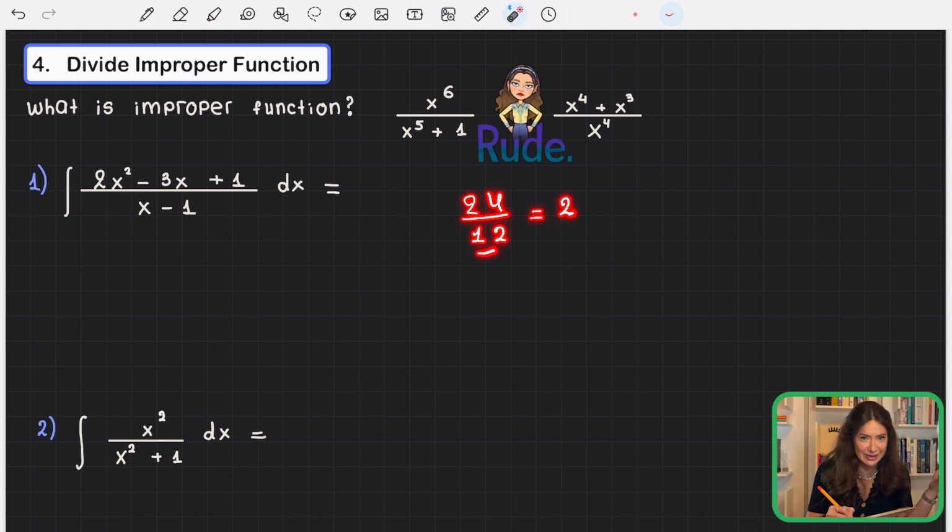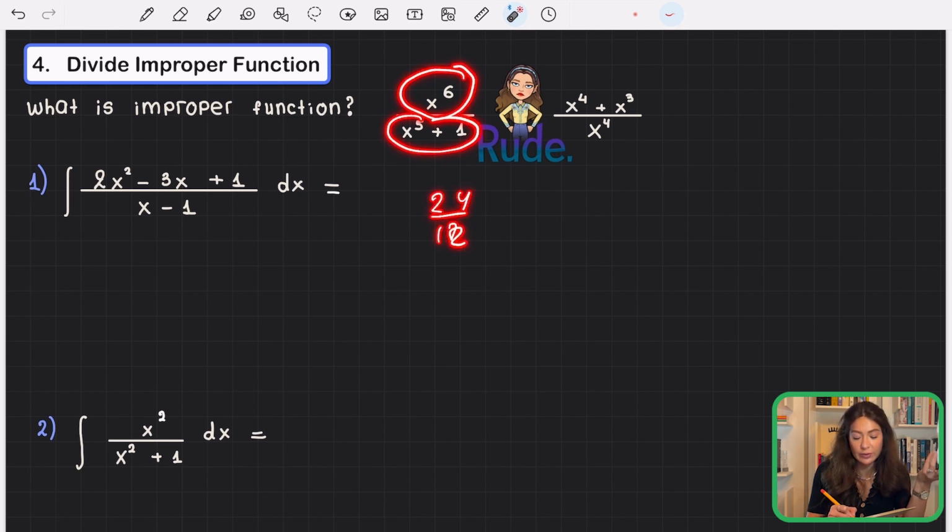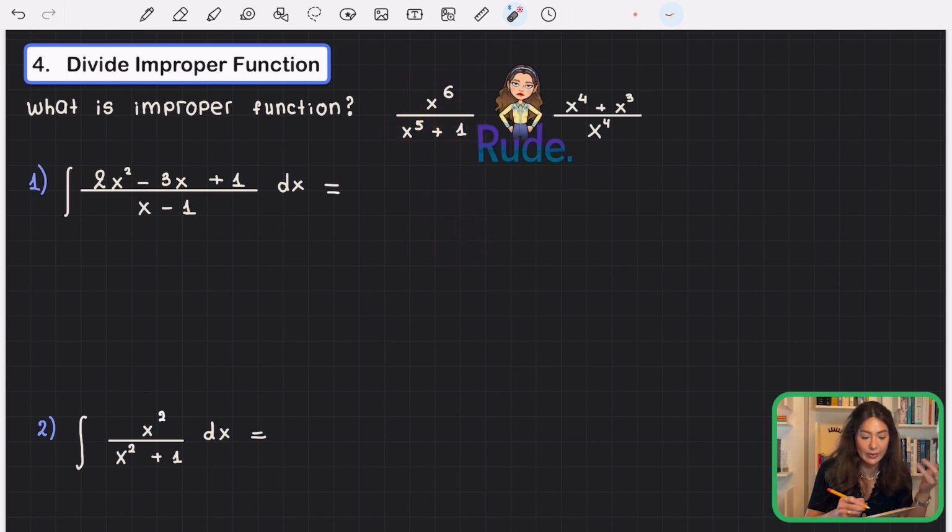So you have to divide it in your head. So here, this is not the smallest ratio, so they didn't finish the job. They gave it to you so that you finish it. So this is not a function that you can take an integral of. This is an improper function. So you need to divide this function by this function. Like if I told you 24 over 12, you would have to divide this by this number, right?